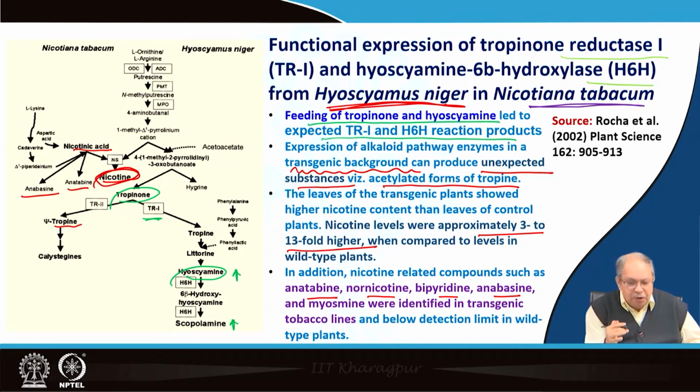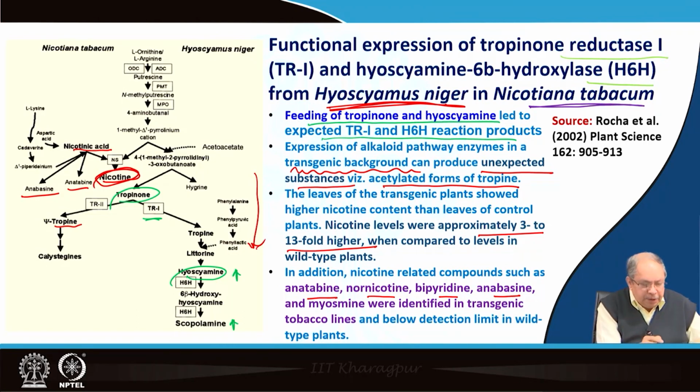In the transgenic tobacco expressing H6H and TR1, although it is meant for tropane alkaloid, unexpected changes occurred leading to the formation of these minor nicotine alkaloids, which are now detectable in the transgenic plants.